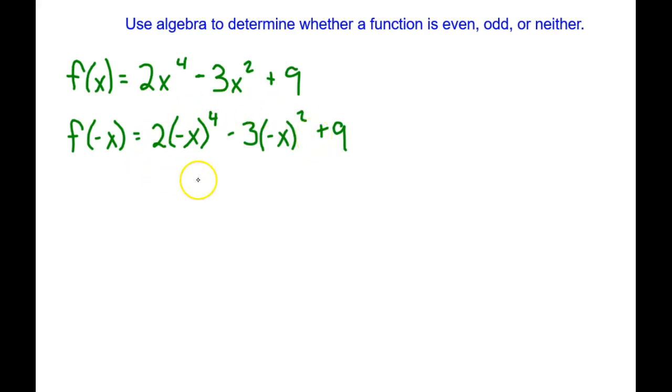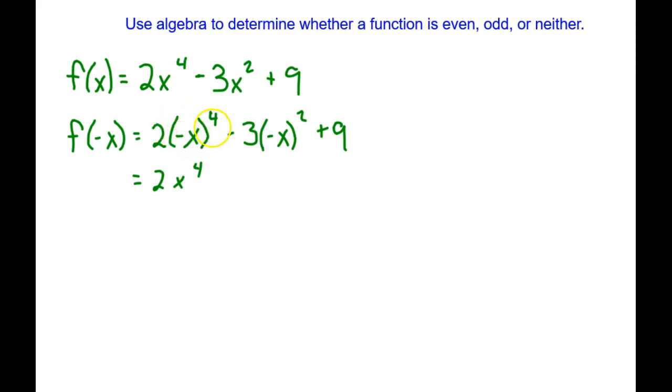Now we're going to take the right side of this equation and simplify. If we have negative x raised to the fourth power, any value raised to an even power, whether it is positive or negative, that result is going to end up being positive. So we can simplify this down into 2 times x to the fourth power.